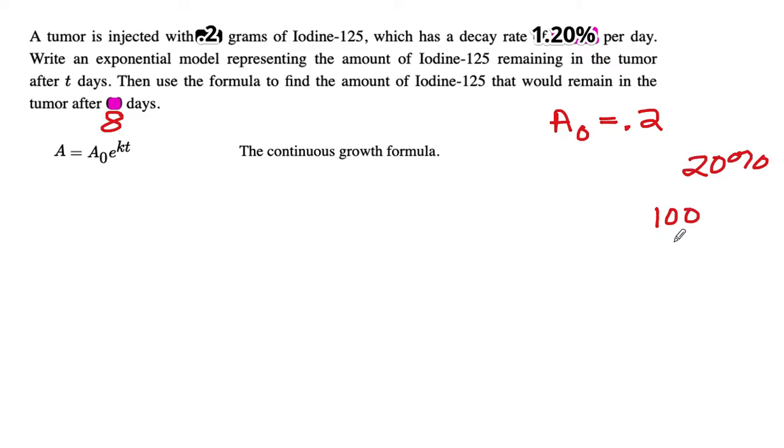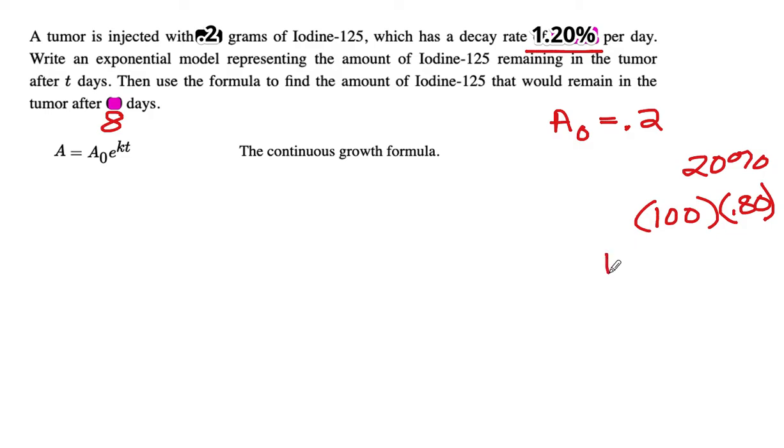Well, the easiest way to do that is to say, okay, 100% minus 20%, and that will give us 80%, or 0.80, and multiply that by 100. So same idea here. We're going to take this and subtract it from the whole 100%.